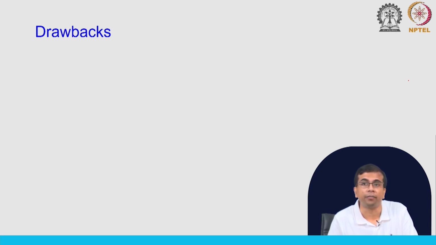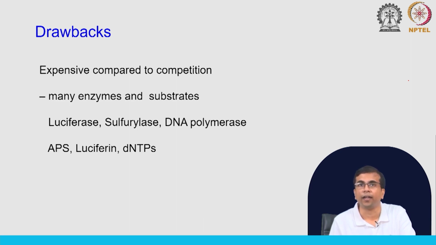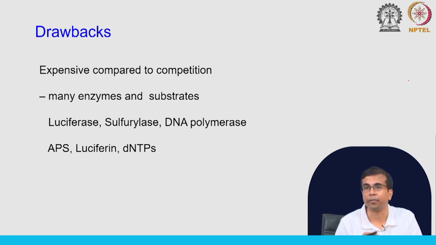but it also had some drawbacks. Okay. So, we will talk about the drawbacks. It was actually expensive compared to the competition that came later on. Okay. So, this competition came from other technologies that we will discuss later. And why this was expensive is because it was utilizing many enzymes and many substrates for the sequencing reaction. Okay. So, as you have seen, we have DNA polymerase, but in addition we have ATP sulfurylase, we have luciferase, then we have different substrates like APS, luciferin, dNTPs, right.